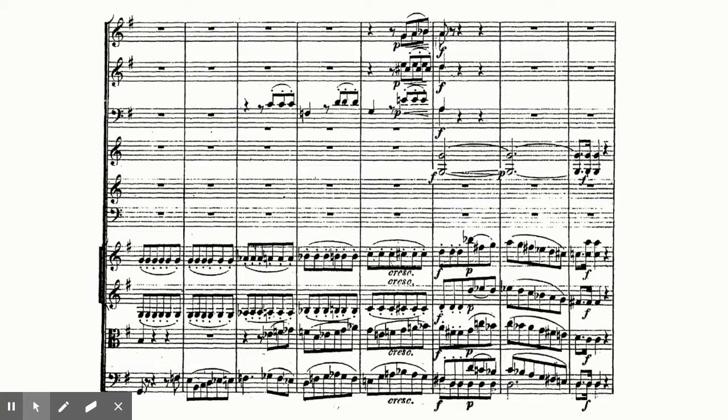Listen for this chromaticism here. Lots of very dark chromaticism. It sounds eerie, more minorish when we're supposed to be in a G major symphony.